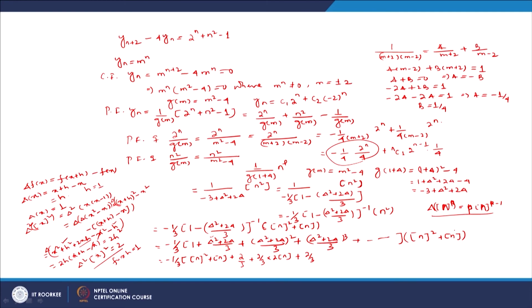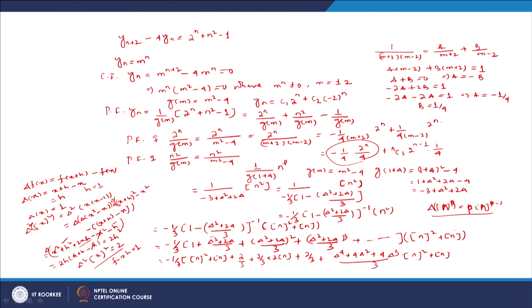Then for the next immediate value we will have del to the power 4 plus 4 del square, then 4 del cube by 3, operated on bracketed n square plus bracketed n.